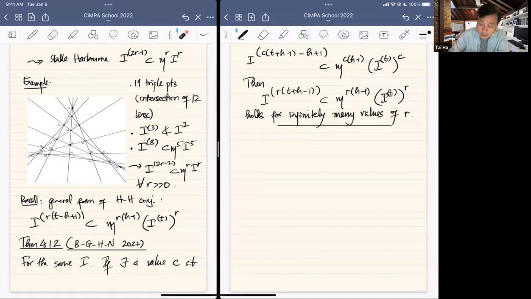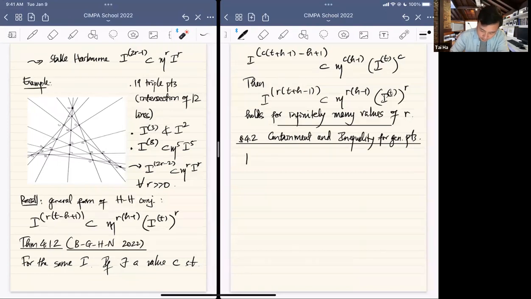So thanks to this one containment implies stable containment, what we were able to establish was Chudnovsky or containments and inequalities that we wanted for general set of points. And so, theorem, maybe I'll put the theorem here.